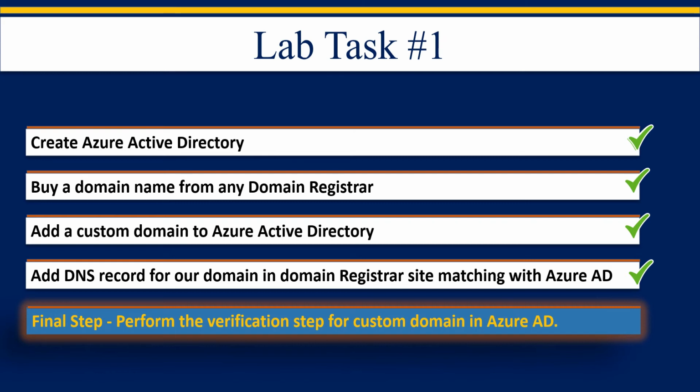So Azure Active Directory will try to connect to the domain registrar to see if the custom domain is set up properly. Once we complete all these 5 steps, we are completely done with this lab task and our domain is ready to go. Let us look in action at how to perform all these 5 steps.